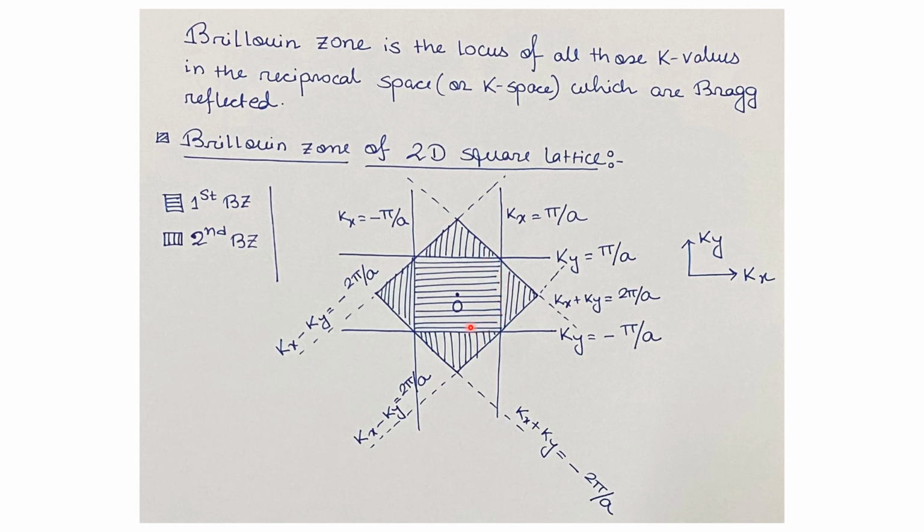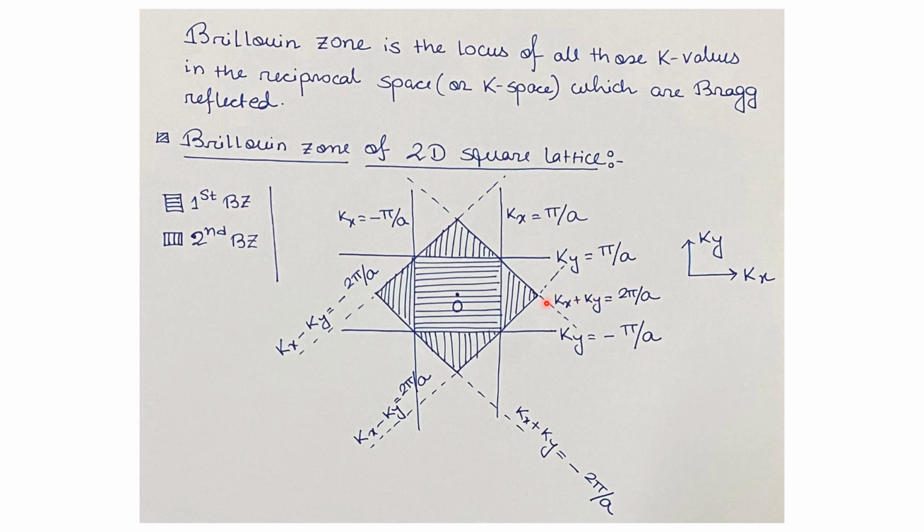Now what about the second Brillouin zone? To construct the second Brillouin zone, we need these 4 straight lines: kx minus ky equals to minus 2 pi by a, kx minus ky equals to 2 pi by a, kx plus ky equals to minus 2 pi by a, and kx plus ky equals to 2 pi by a. These 4 straight lines will construct the second Brillouin zone for the 2D square lattice.